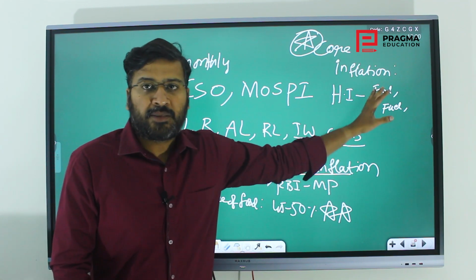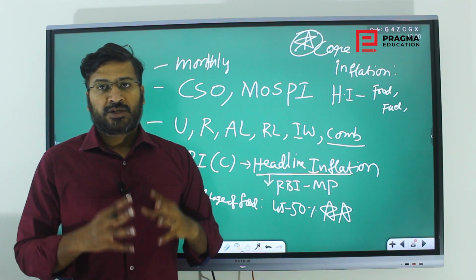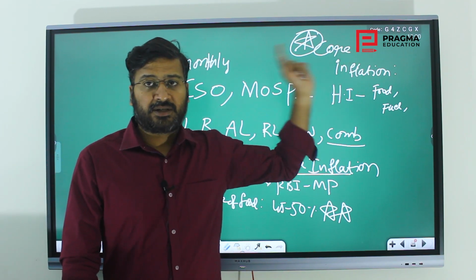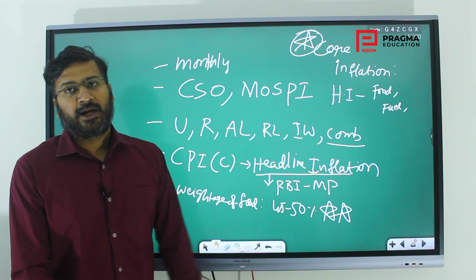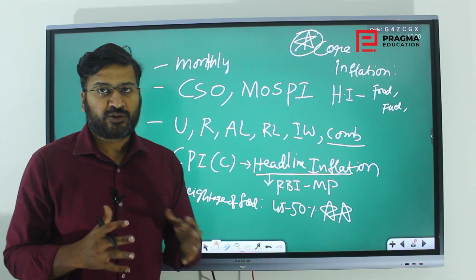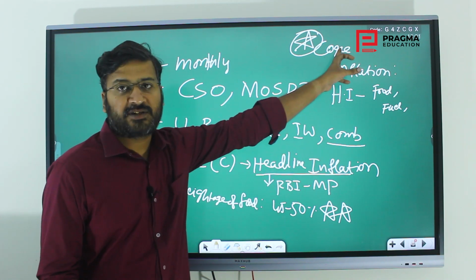So if the core inflation is rising, then the economy is heading into very heavy headline inflation. So it should brace for impact. That is the significance of core inflation.